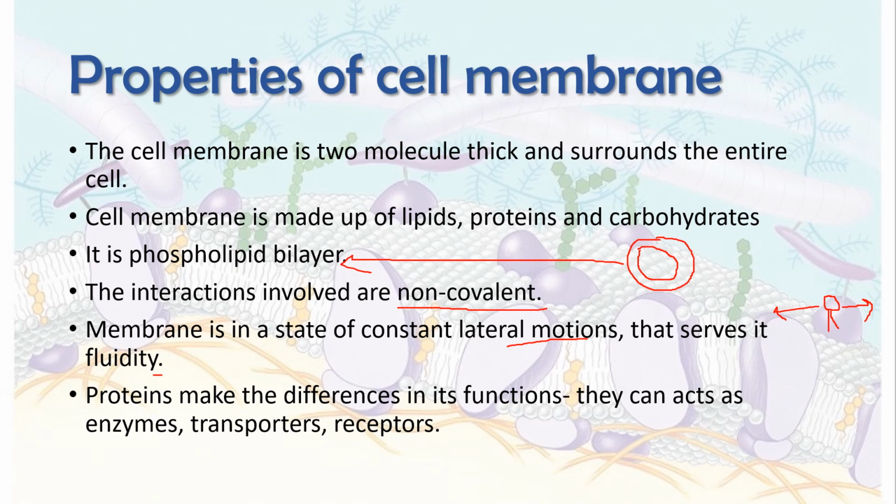So it performs sideways movement. That's why the cell membrane shows fluidity, or we can say the cell membrane is fluid in nature. The embedded proteins make the difference in its functions. They act as enzymes, transporters and receptors.